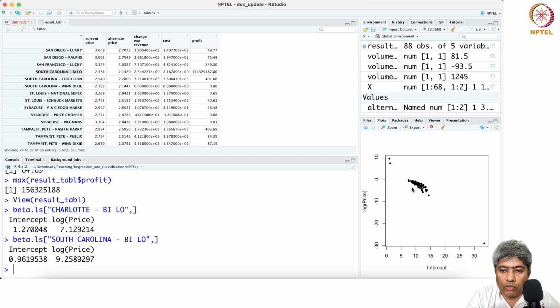Most of my coefficients are negative, you see, but this guy is giving me a very large positive coefficient. And the intercept is 0.96, which is near 1, whereas most of the intercepts are near 10, at least above 5. So this tells us about these two estimates for South Carolina below.